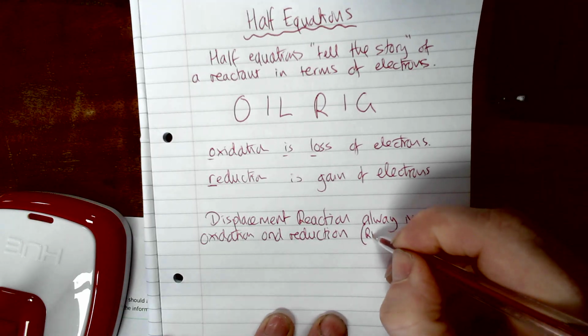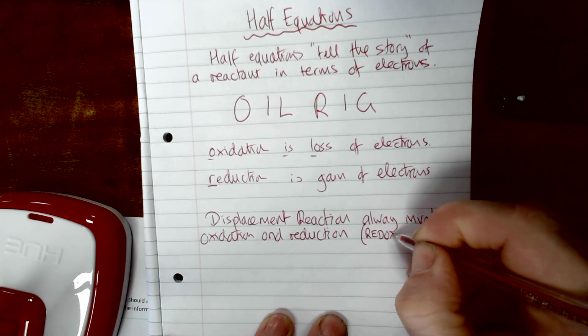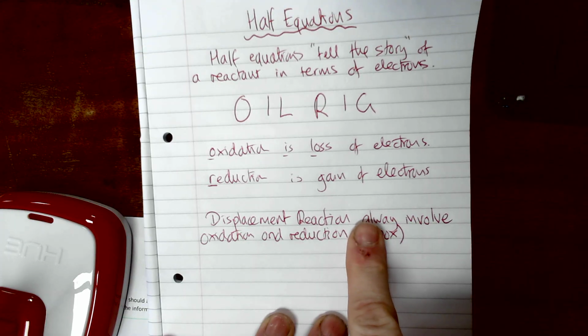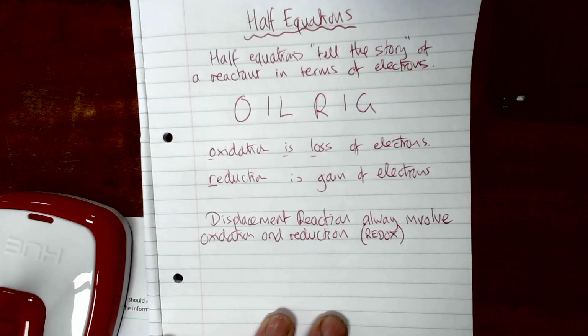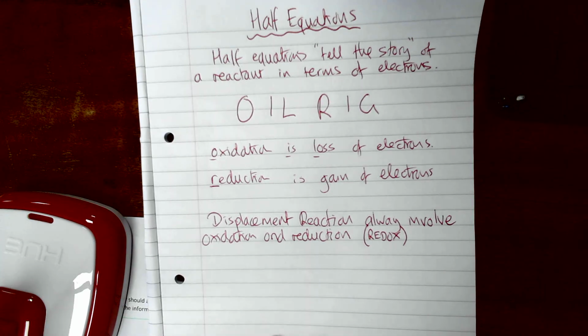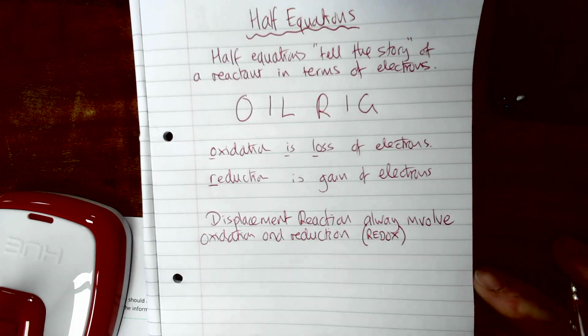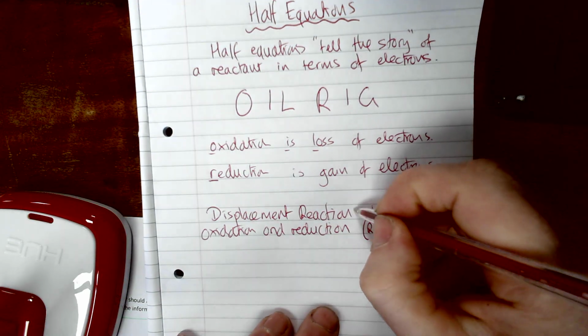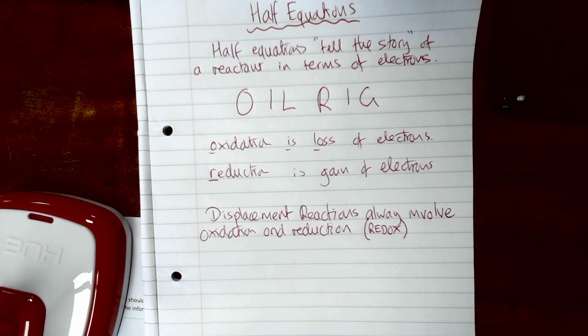We call them redox reactions. You see why? Reduction, oxidation. Reduction, oxidation. Redox, that's all it is. And if you're watching this video back, everybody's laughing. Right, so displacement reactions always involve oxidation and reduction.